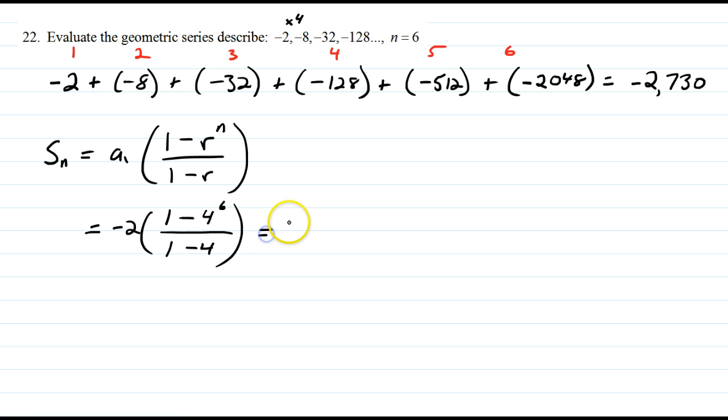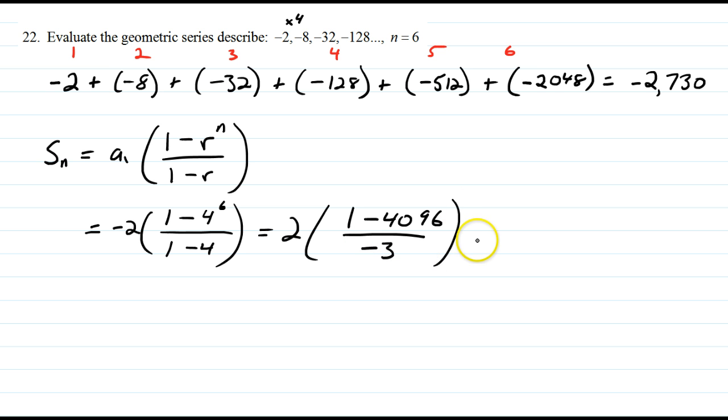And so this is going to become -2 times 1 minus 4 to the 6, which is 4096, over -3. And so we get -2 times -4095 over -3.